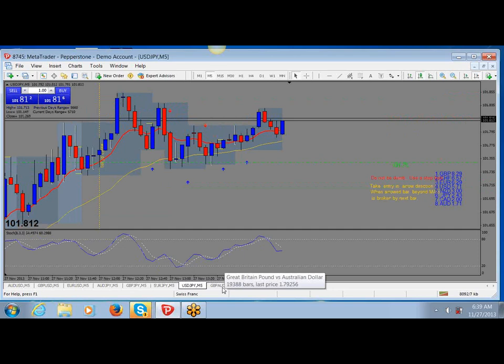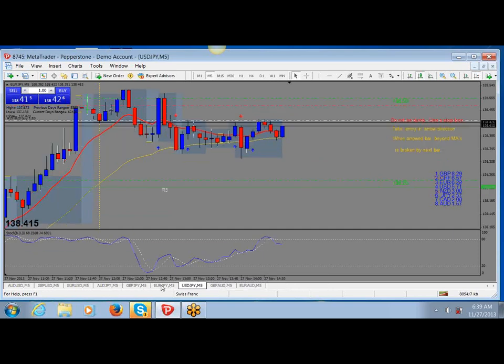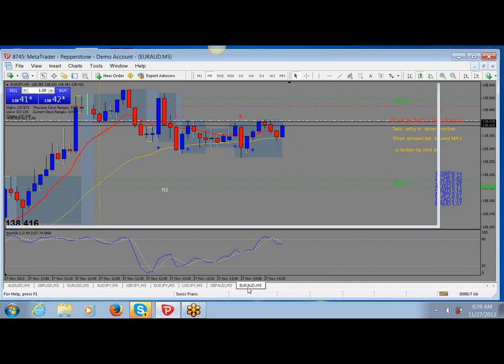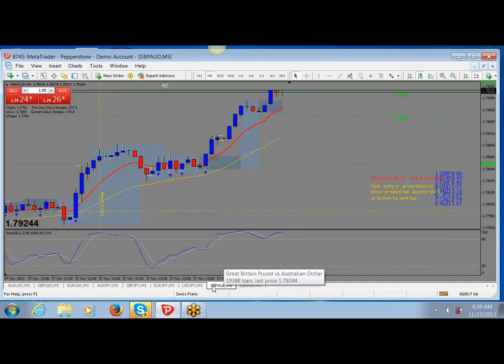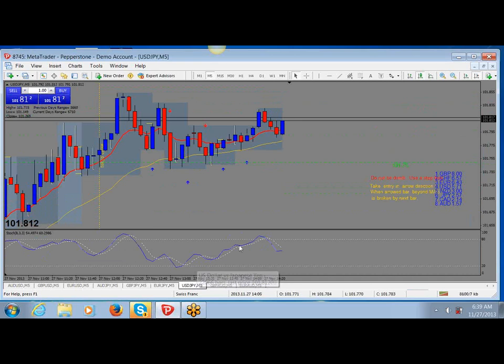Roger, you still in that EJ? Yep. Yeah, me too. Still want to break this level here. This dollar yen looks like it's about to break long. 915-476-575.